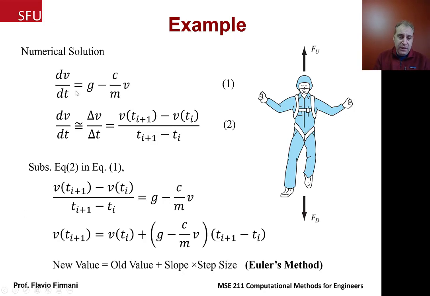So we have our equation that represents the system, which is given by equation 1. And what we're going to do is approximate the differential term that we have here as delta v over delta t, which in this case is going to be the difference of the velocity at the next step in time minus the velocity at the previous step, divided by delta t, which is the period that happened between those two steps.